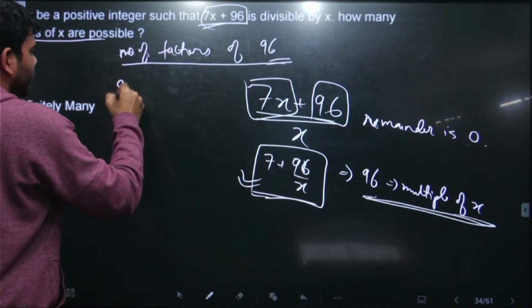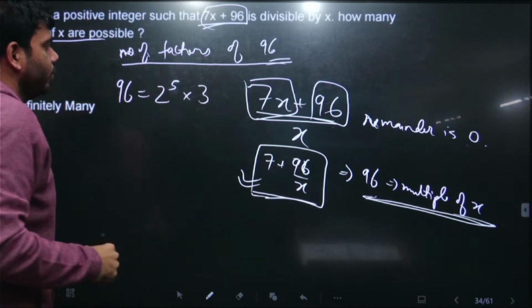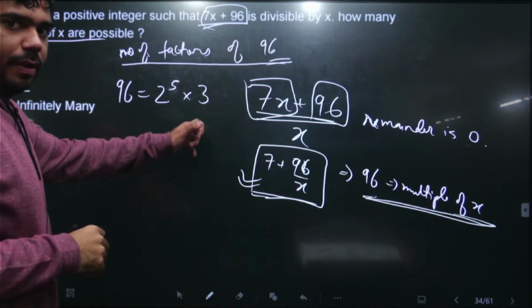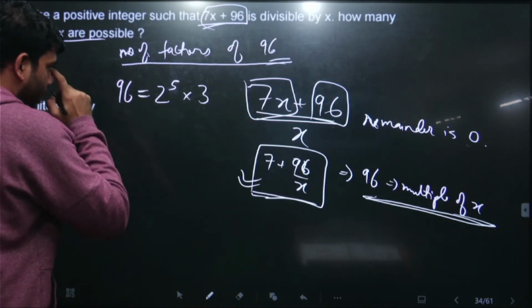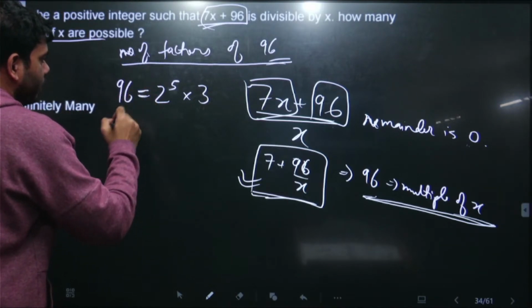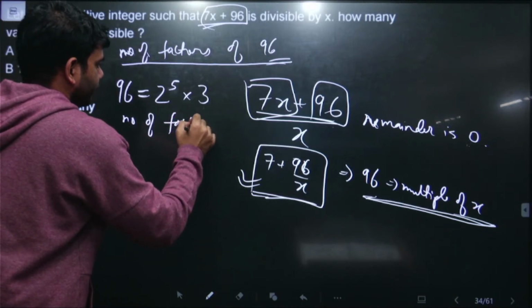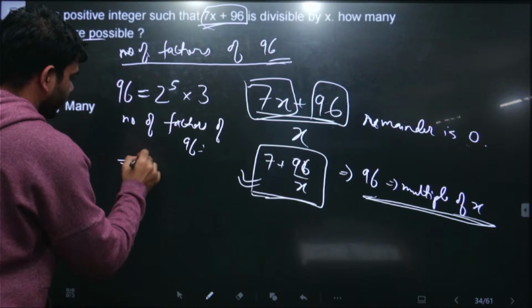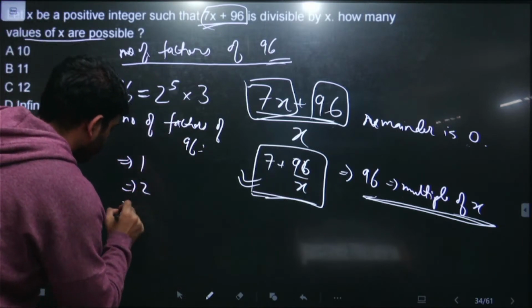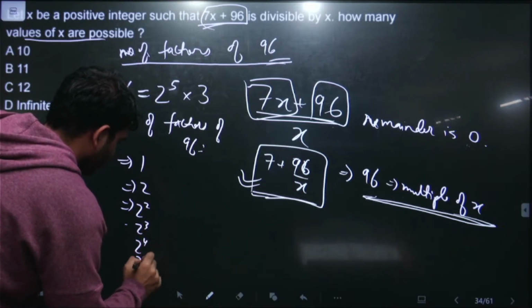96 को the prime factorization में we can write as 2 raised power 5 into 3. This is the prime factorization of 96. Now we need to find the number of factors of 96. The factors will be 1, 2, 2 raised power 2, 2 raised power 3, 2 raised power 4, 2 raised power 5.